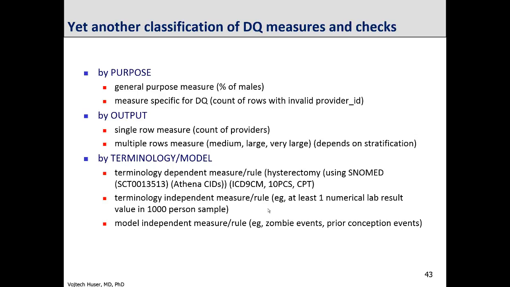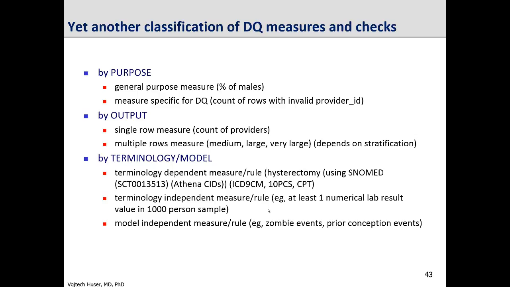They are meant as characterizations that view the website where we can see data density and tree or table view of drug exposure table or procedure table. These are general purpose measures, such as percentage of males or others. If there is a measure which is specific to data quality, it may say invalid provider ID or other things which are not good for general data characterization. They are only good for data quality.